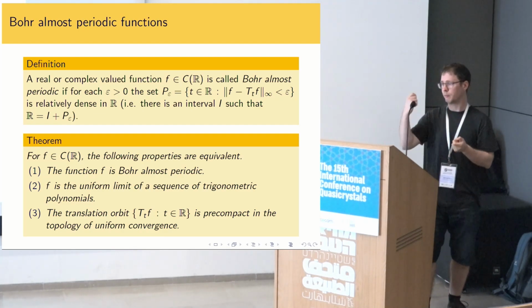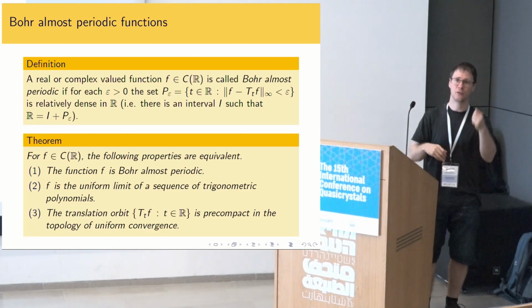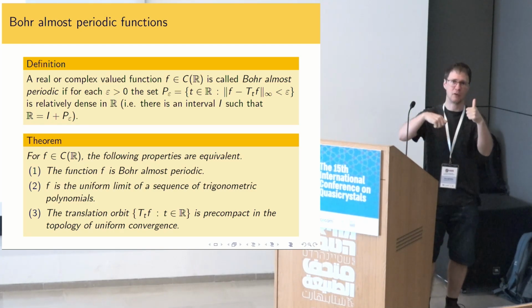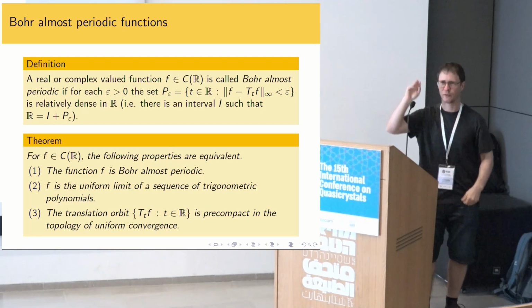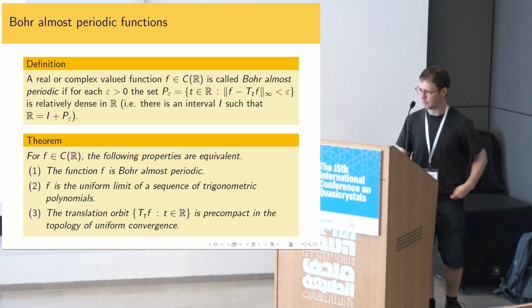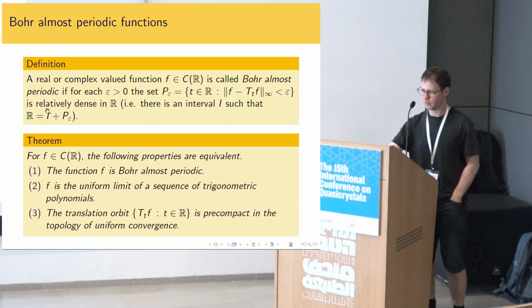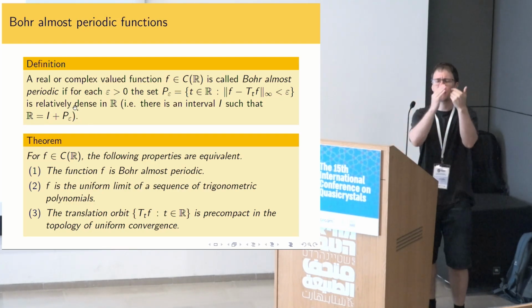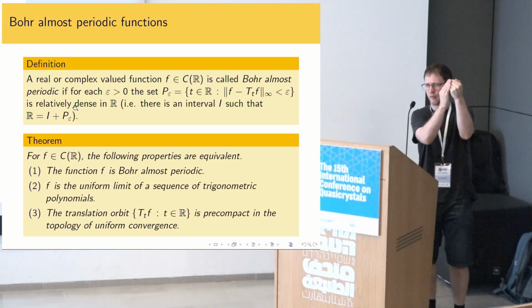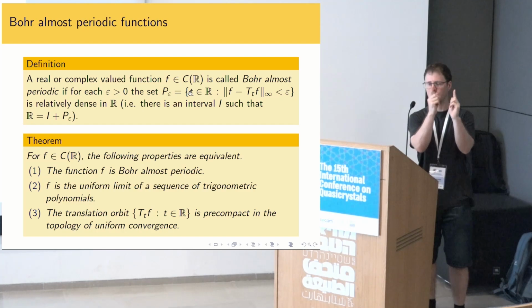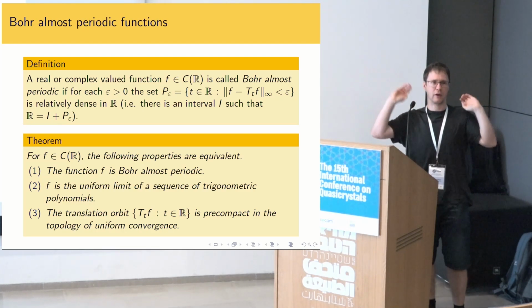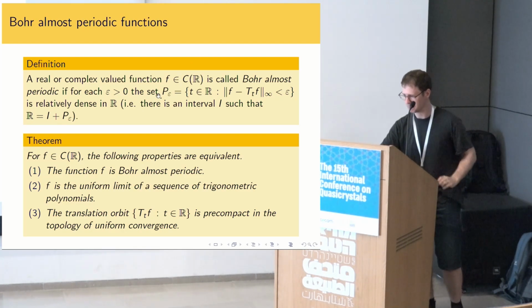Or I can write pi as 3, which is an integer, plus 0.141, and so on, which is in 0, 1. So this is what relatively dense means, which in particular means that the values of t closest to each other can't be too far away.